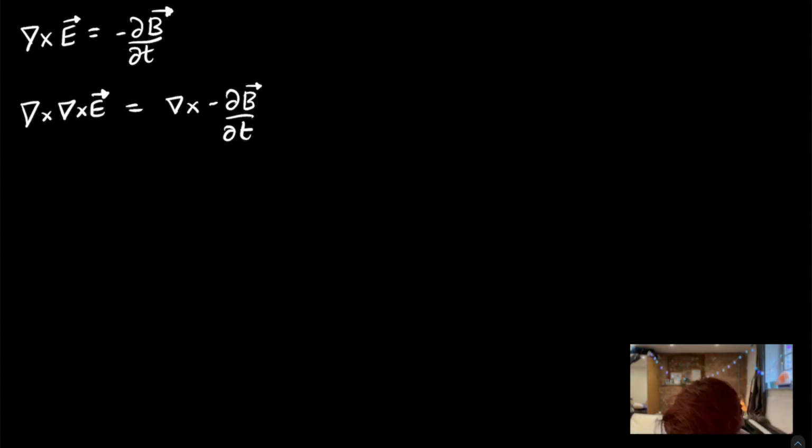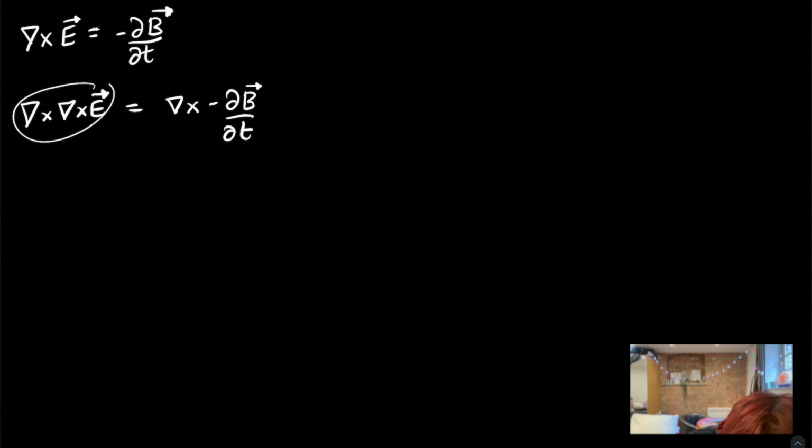Now, here comes the awesome bit. Let's go to Maxwell's third equation, that the curl of E is equal to minus dB by dt right here. So Maxwell's third equation, that's good. And what we're going to do is we are going to take the curl of both sides of this equation. So we're going to get the curl of the curl of E is equal to the curl of minus dB by dt.